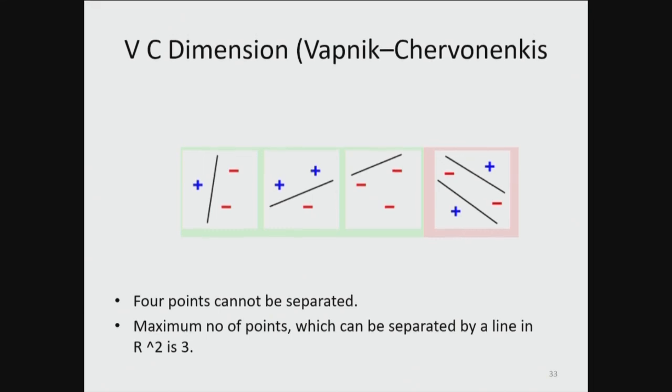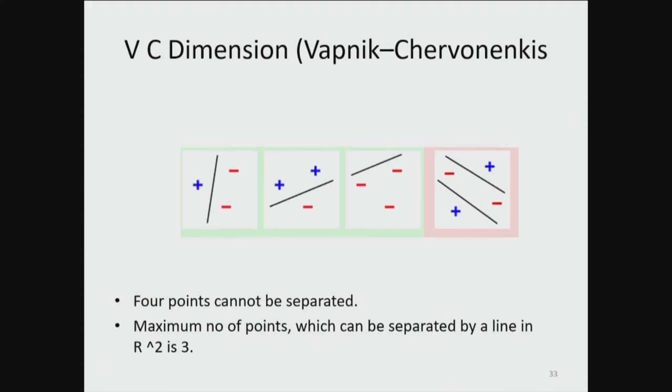Yes. Therefore, we look at the different scenarios. Only 1 point, 1 line can separate. Having 2 points, 1 line can separate. Having 3 points, 1 line can separate. Having 4 points, no.